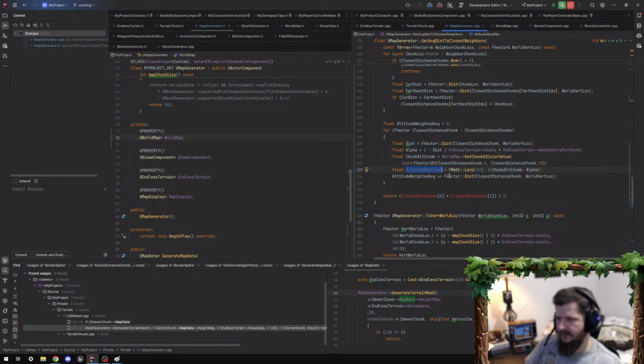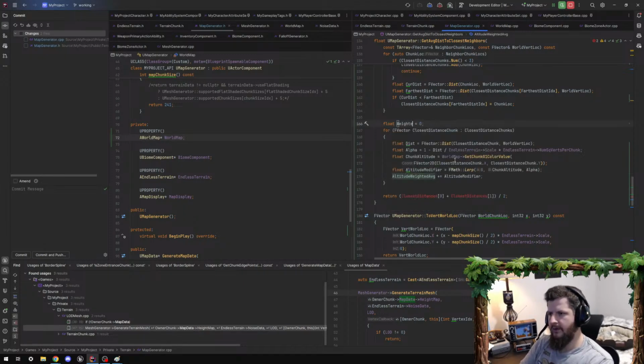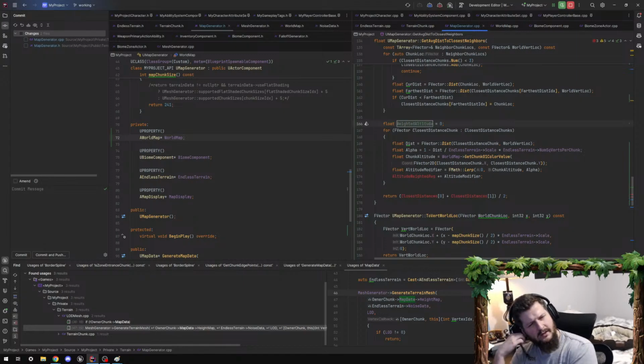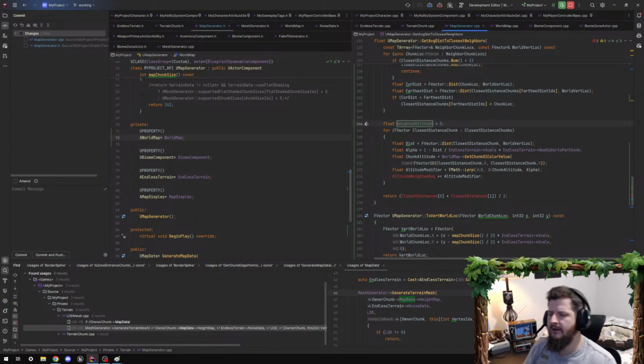Am I adding that to the altitude weighted average? This should rather be weighted altitude. If I divide each one by 3, does that give me the average, or do I have to wait till the end?